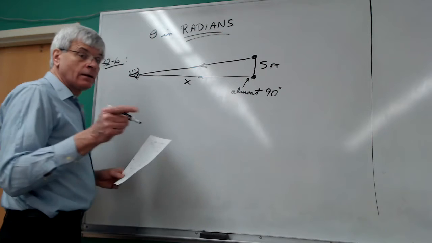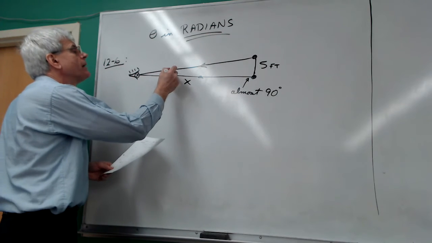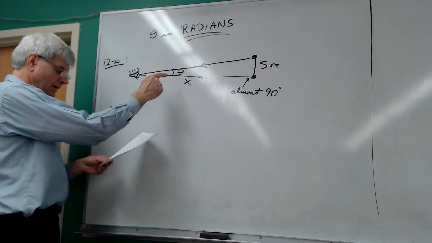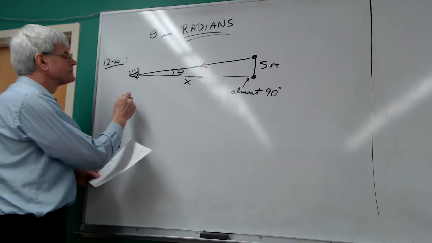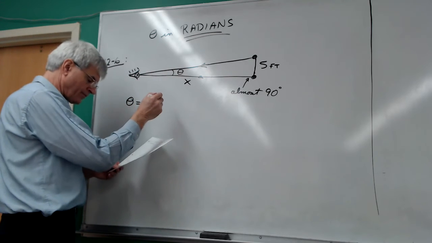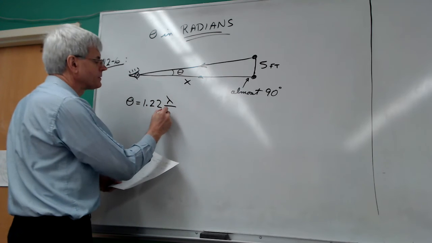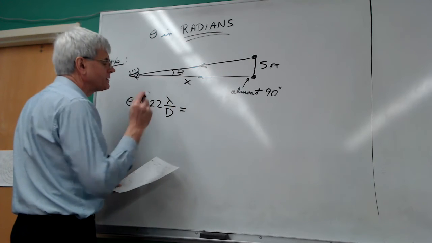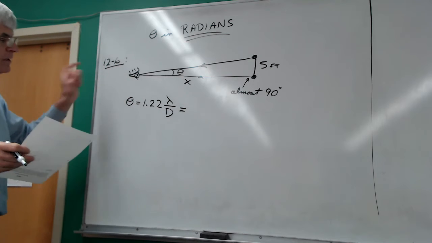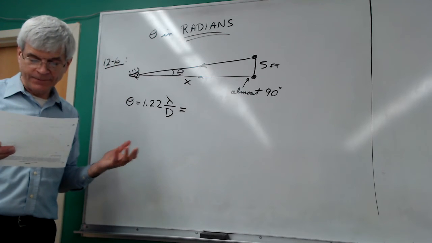So if these 2 headlights are just barely resolved, then this angle theta is equal to 1.22 times the wavelength of the light that's being used, divided by the diameter of the opening that it passes through, which in this case is the pupil of your eye.